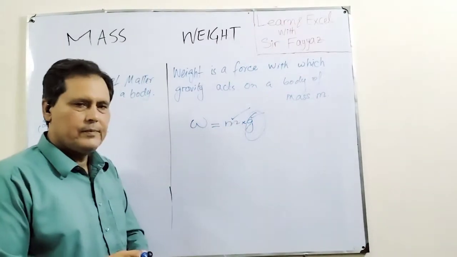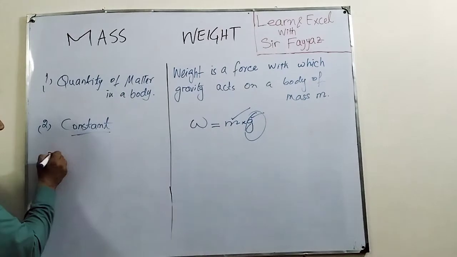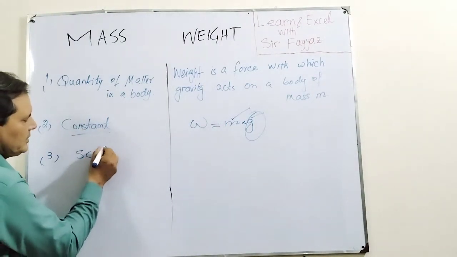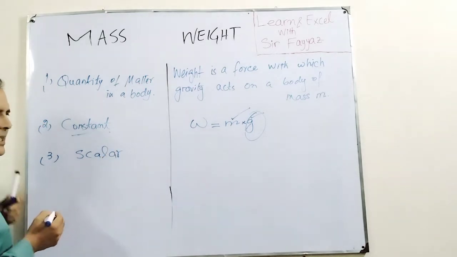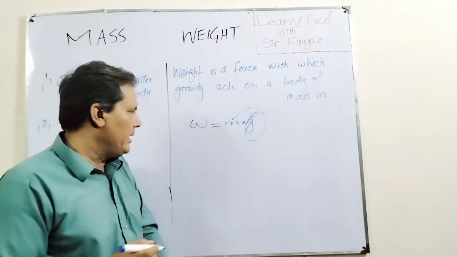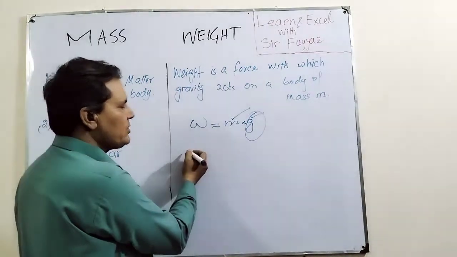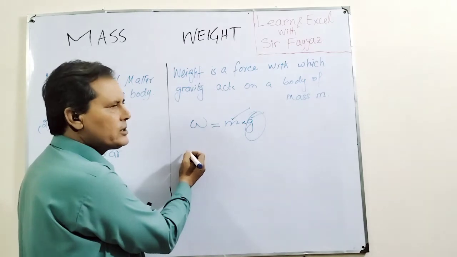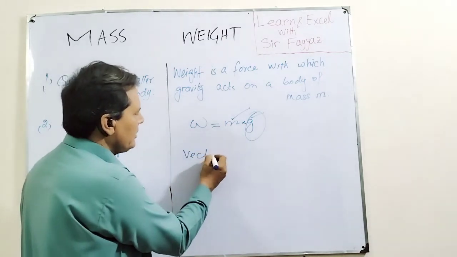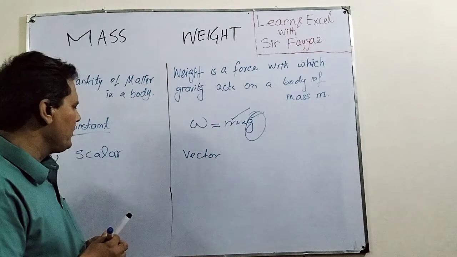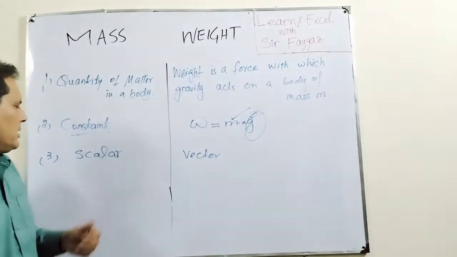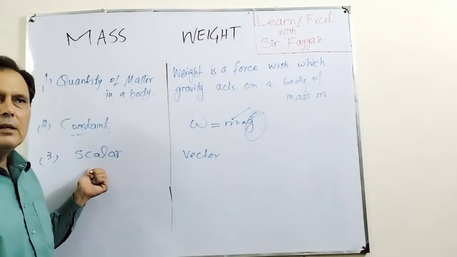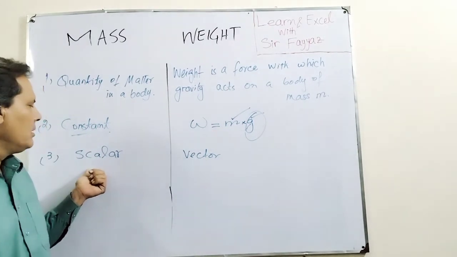Next thing is, mass of any body is a scalar quantity, and weight, as you know, is a force, and force is a vector quantity. Now let me differentiate between scalar and vector. Scalar quantities are those which can be completely specified by the magnitude as well as unit.